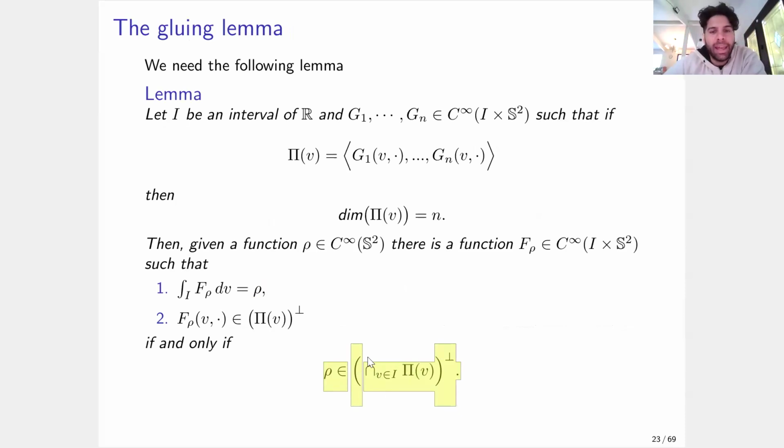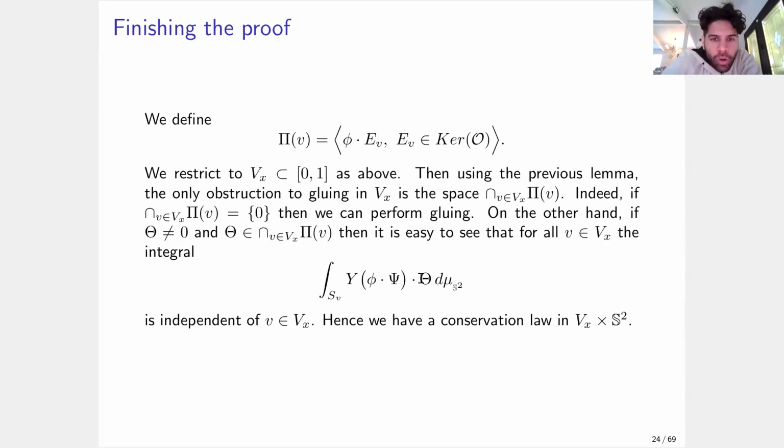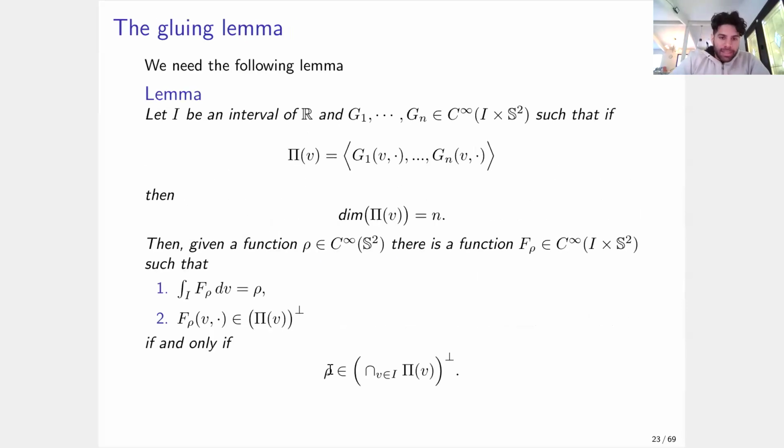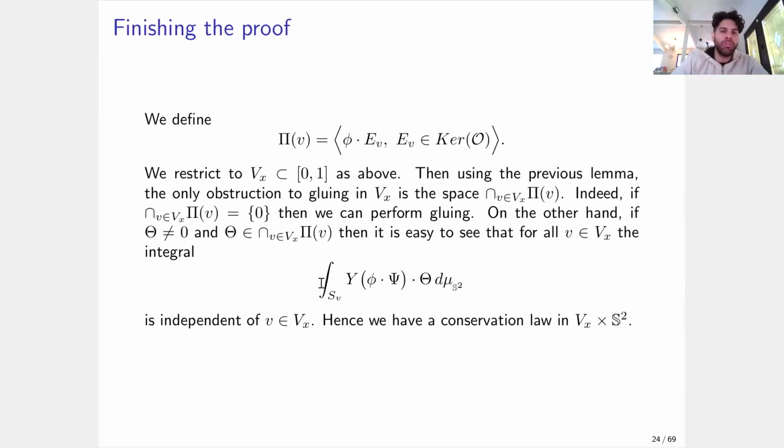And moreover, for any solution to the wave equation, by just studying the structure of the existence of this orthogonal space, which is non-trivial, you can conclude that for any solution to the wave equation, not just the one you constructed in the gluing problem, this integral is conserved. And having your rho being here is equivalent to saying that the sphere data you give me at sphere 1 and at sphere 2 have the same value of this expression.